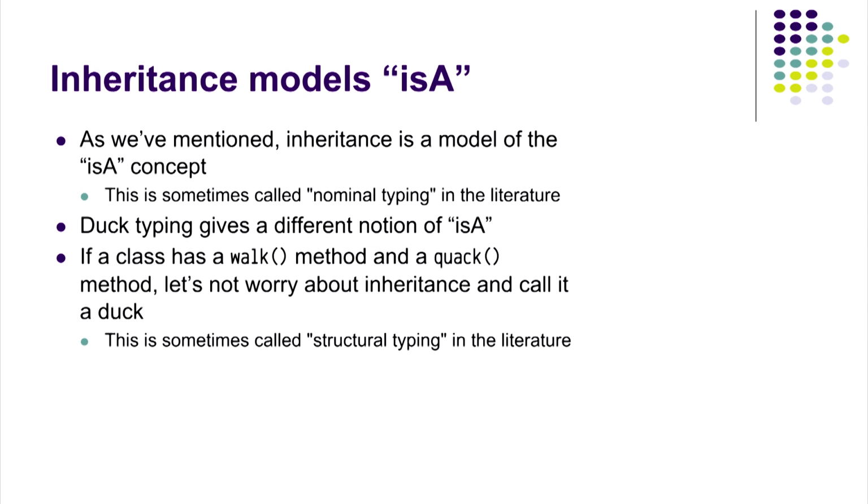We just have to look if it has a walk method and a quack method. And if it does, let's call it a duck. So inheritance, if you look in the literature, is sometimes called nominal typing for this. And duck typing is called structural typing. It just supports the right operations.